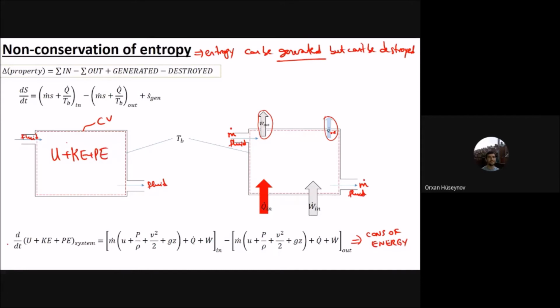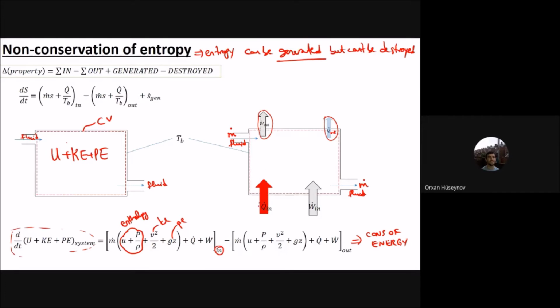Okay. Change of the energy of the system, the total sum. So this one will be equal to mass flow rate multiplied with this U plus P by rho. This combination is also called enthalpy. Mass flow rate multiplied with enthalpy, with kinetic energy and with the potential energy, plus the heat transfer and the work transfer. These are the in quantities into the system.